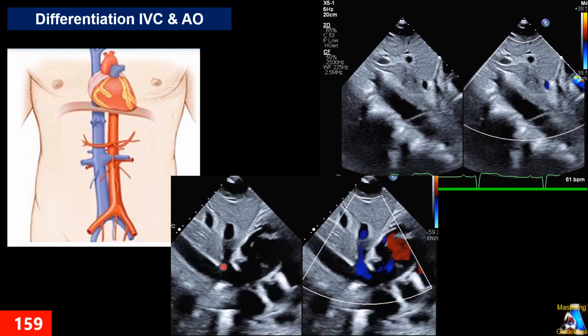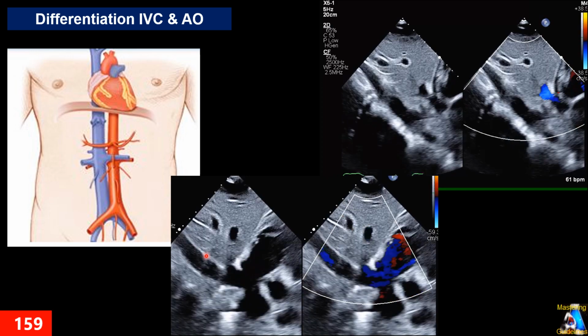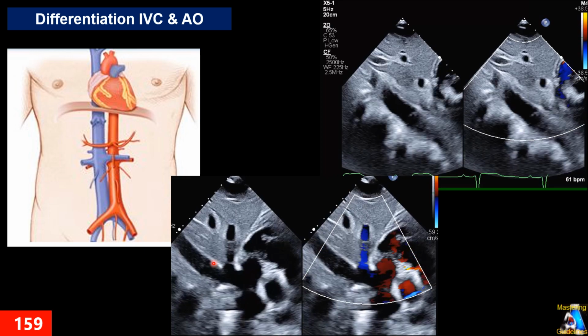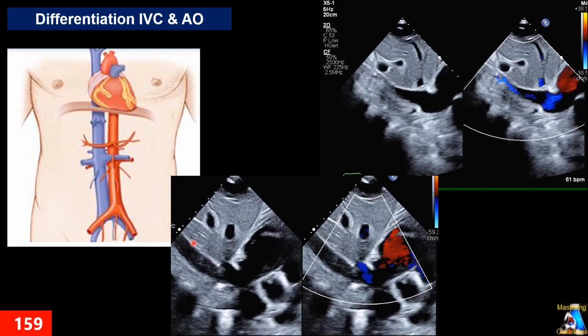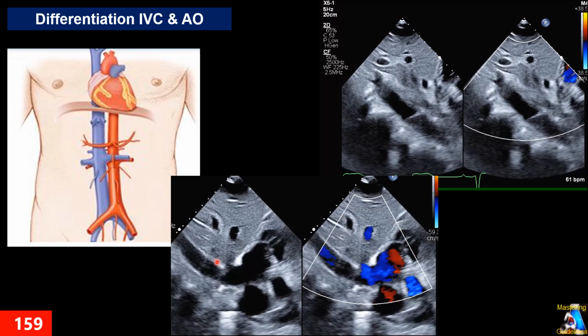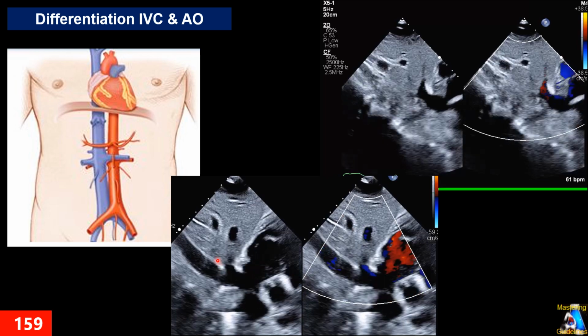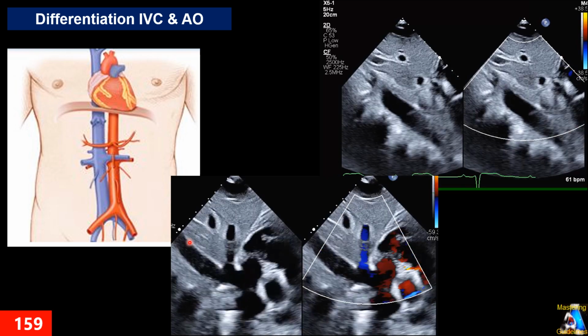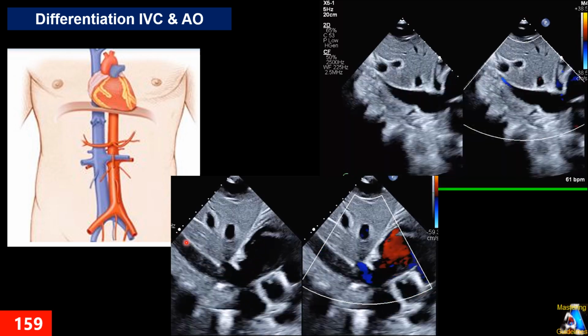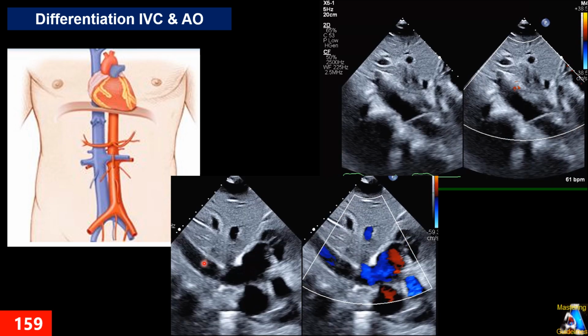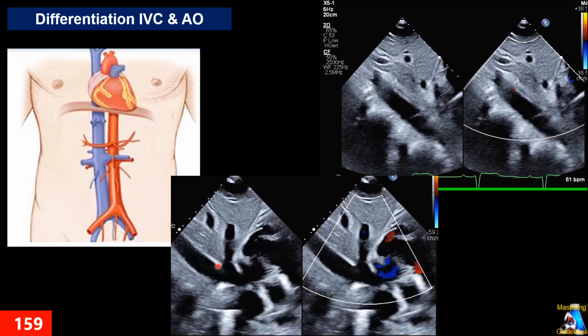The IVC is the opposite way. First of all, it usually doesn't have a thick wall. In this case, this one has a little thick IVC wall. Second, usually the size of the IVC along its length is not even.